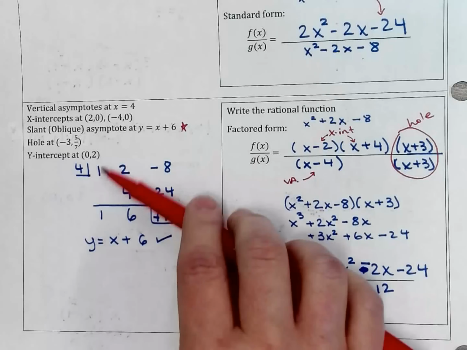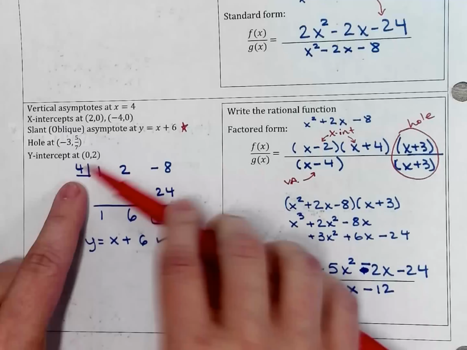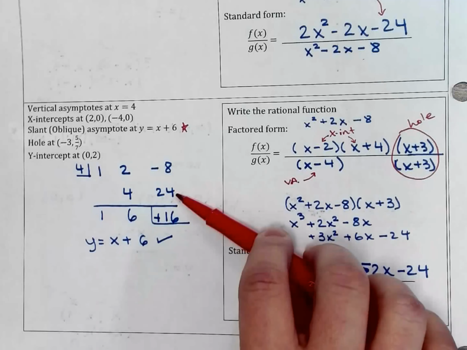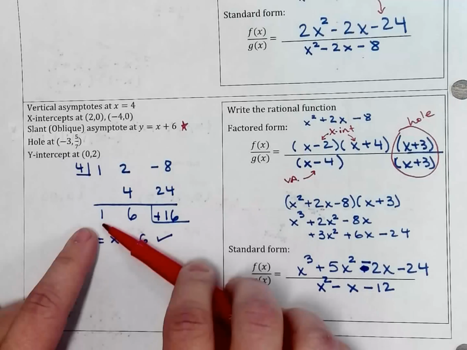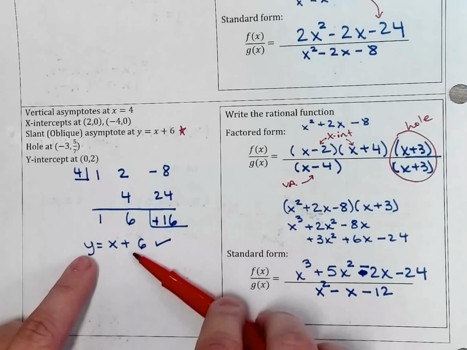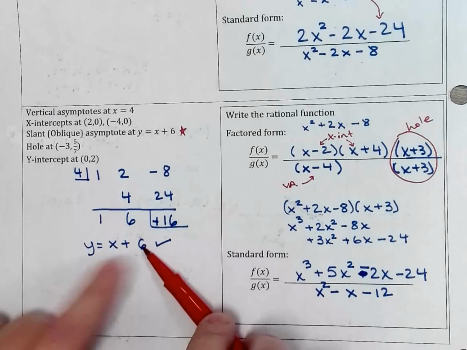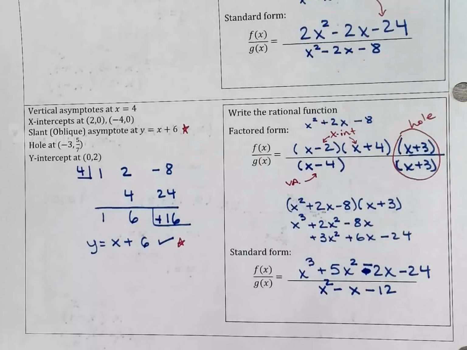So synthetic division right here real quick. Drop it down, multiply, goes there, add, multiply, goes there, add. That's a remainder. So your linear equation for the asymptote will be 1x plus 6. So this checks with that.